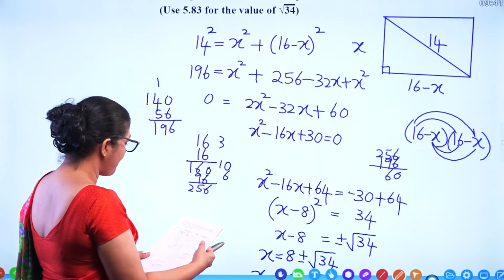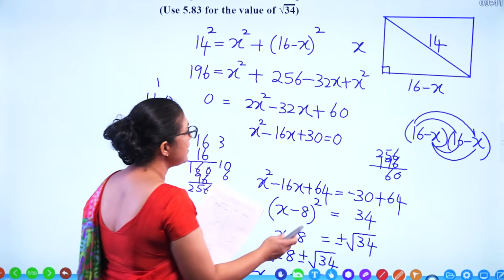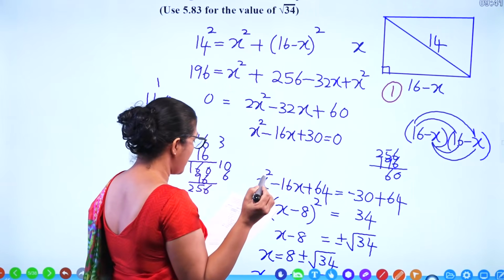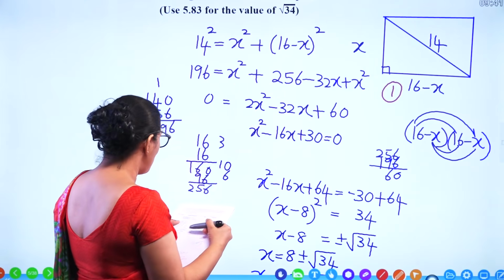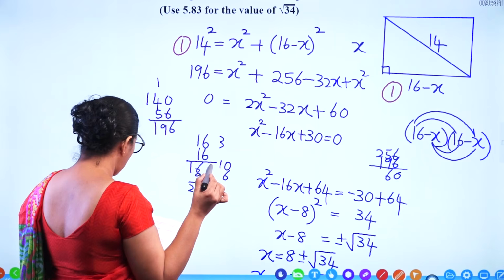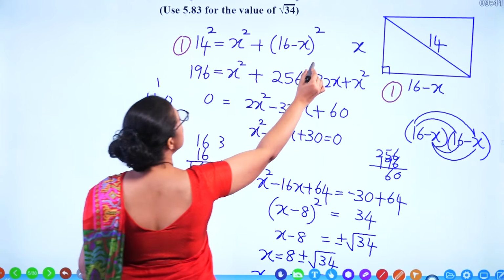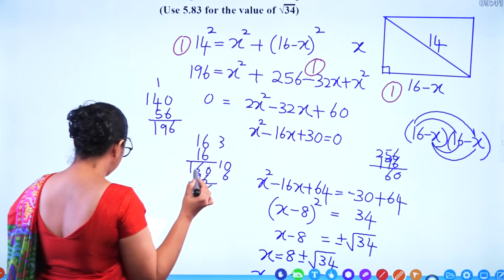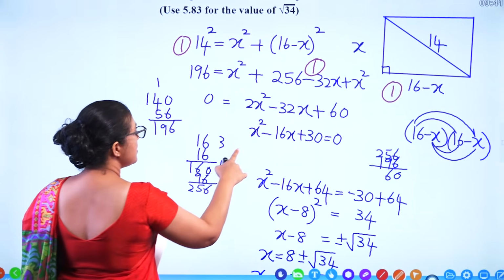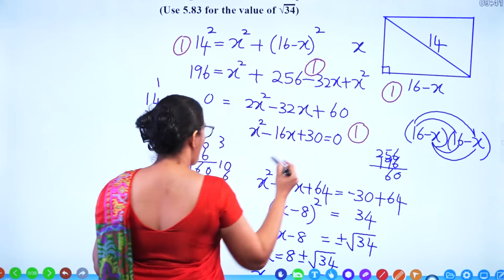It says finding length in terms of x, 1 mark, 16 minus x. And then using Pythagoras theorem, 1 mark. And expand here, 1 mark. Get the equation and divide by 2, 1 mark.